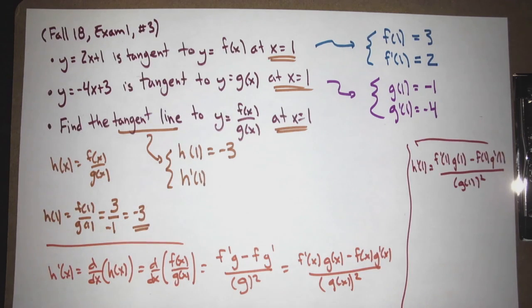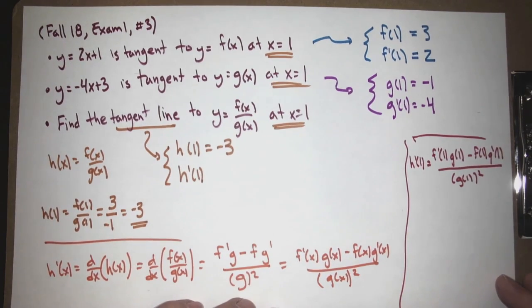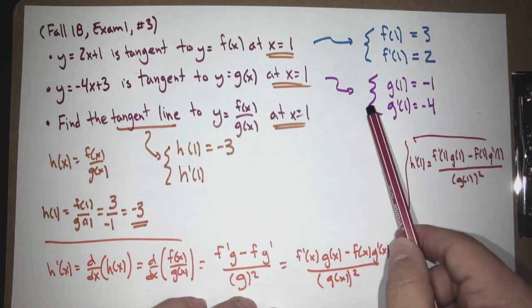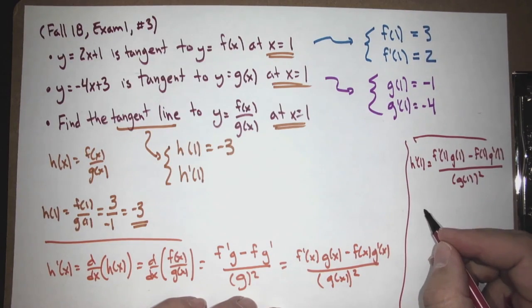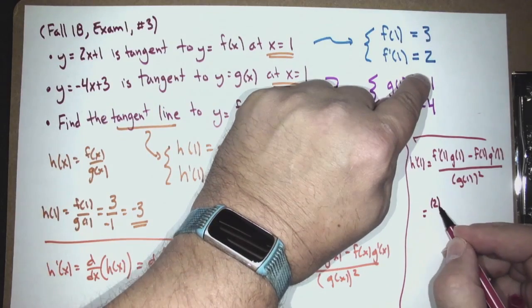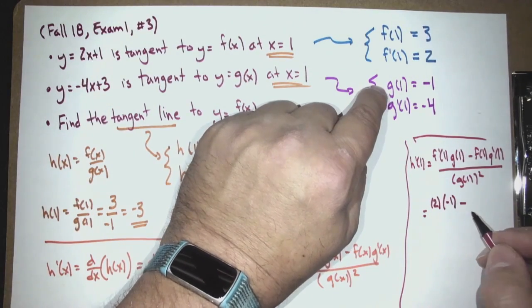Okay, so now we have a bunch of values. Do we know anything about these numbers? Yes, we know a lot about them, so we just do a matching thing. F prime of 1 is the number 2. G of 1 is the number negative 1. Subtract.